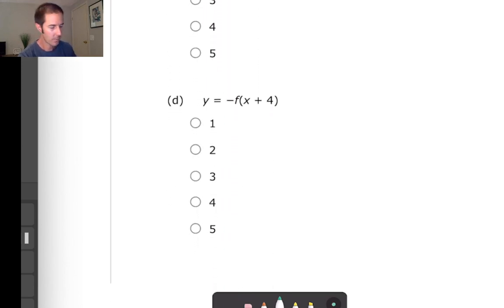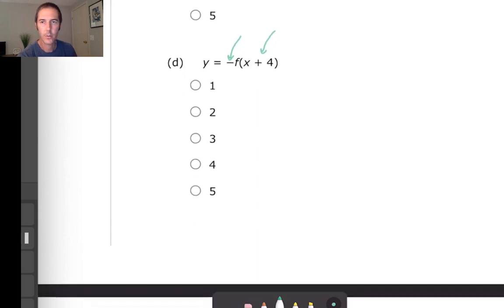Part D, remember that this causes a flip or a vertical reflection over the x-axis. Anything that was above is now below, anything previously below is now above, and we need to apply this transformation. Be careful, that plus 4 is inside your parentheses. It's going to cause a horizontal shift.